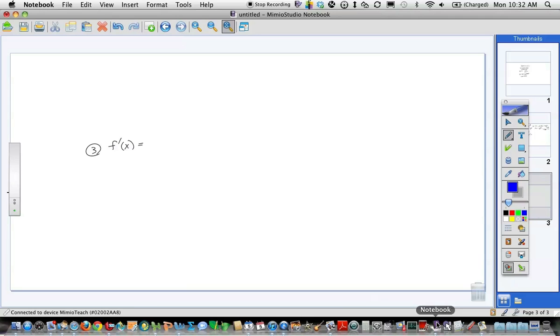All right, so for this one, let's do this. 3x to the 5th minus square root of x plus sine 3x. Okay? You find f of x.